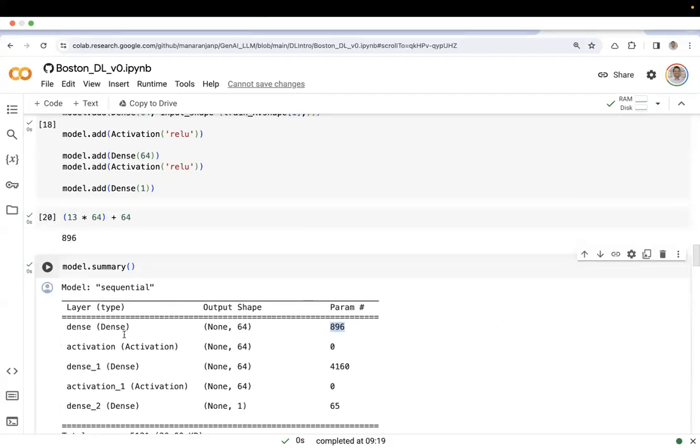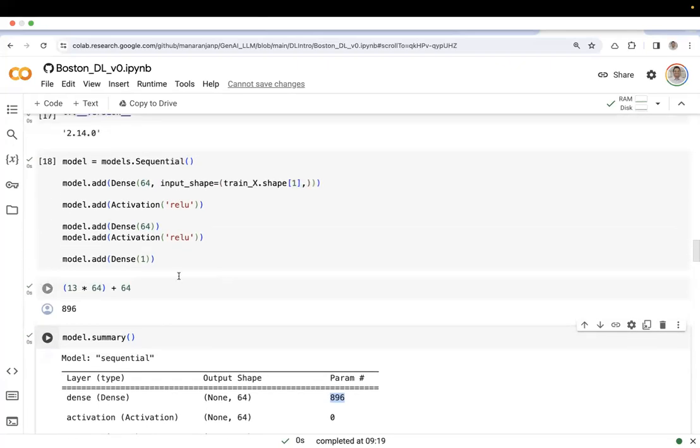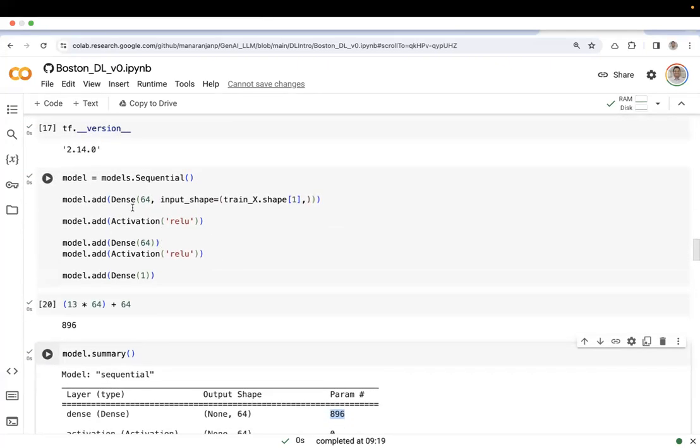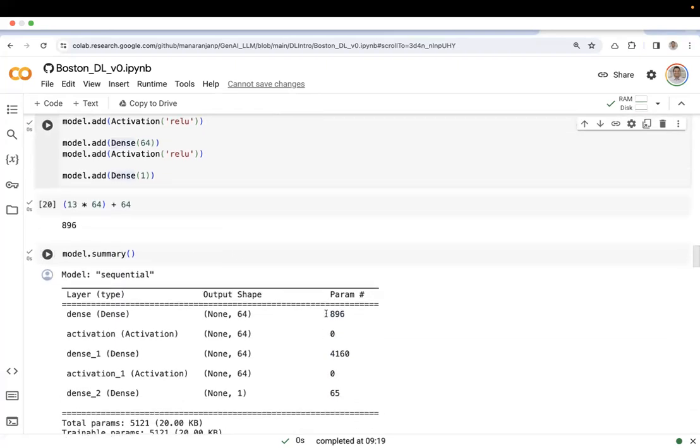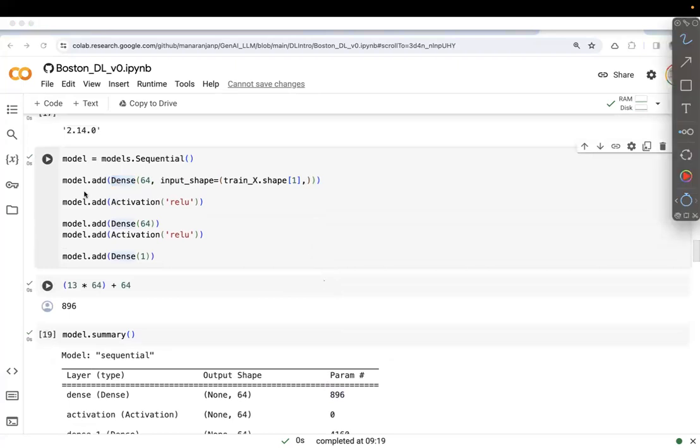So between the first dense layer, the concept of dense, when you say dense layer, is basically a fully connected layer. That means this layer is fully connected with the previous layer and fully connected with the next layer. That's the whole idea of a dense layer. Now, this was between the input layer and the first hidden layer.